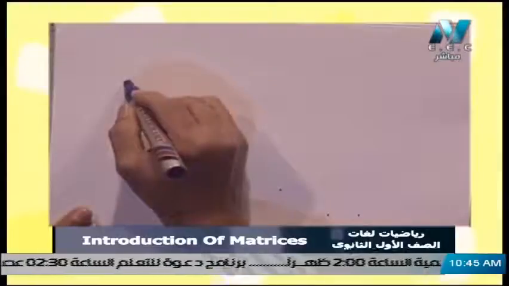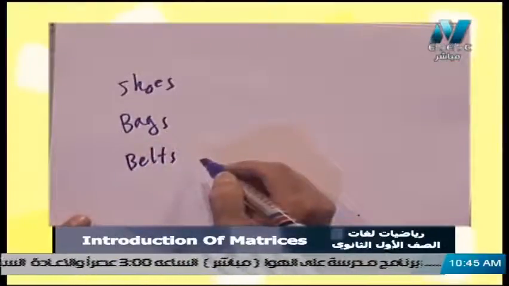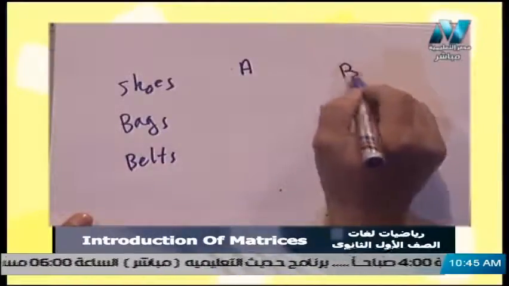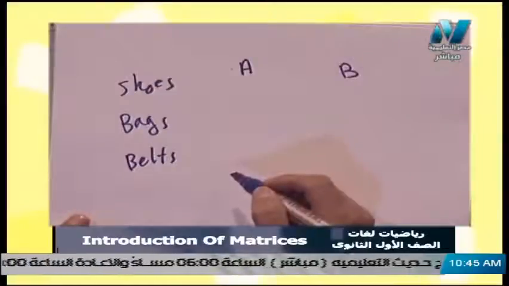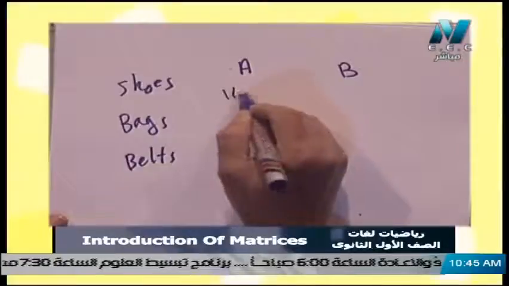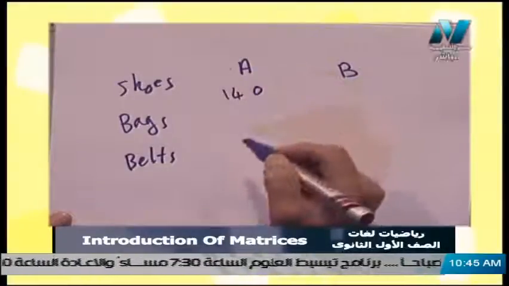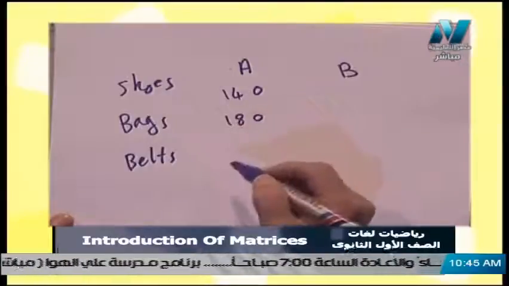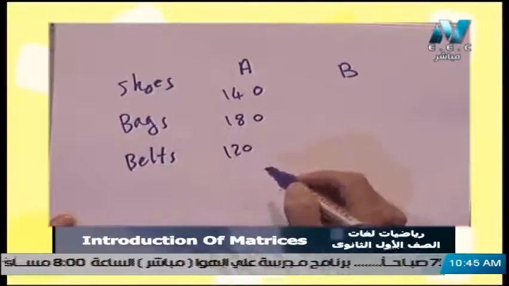We have here shoes, bags and belts, and we write here branch A and branch B. Branch A produces 140 shoes, 180 bags, 120 belts.